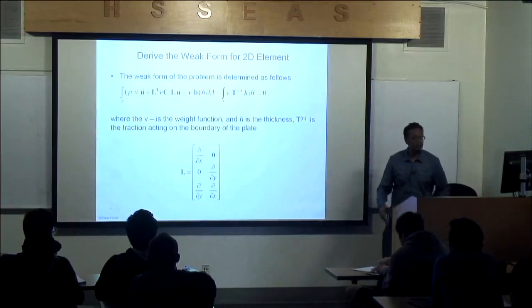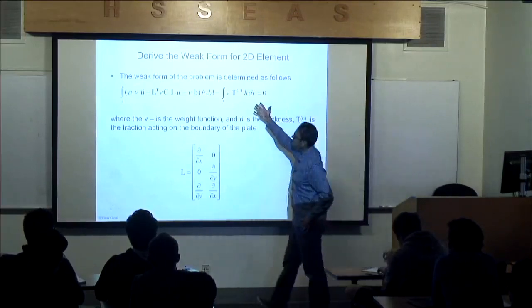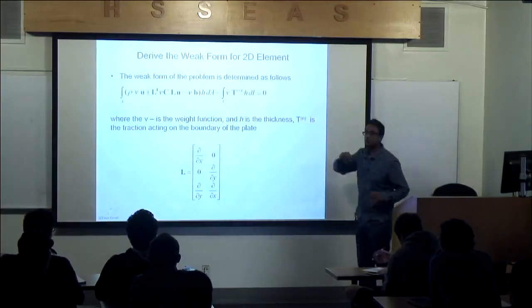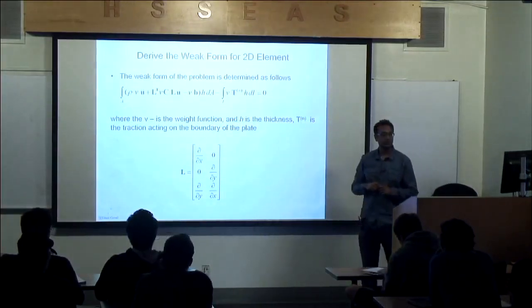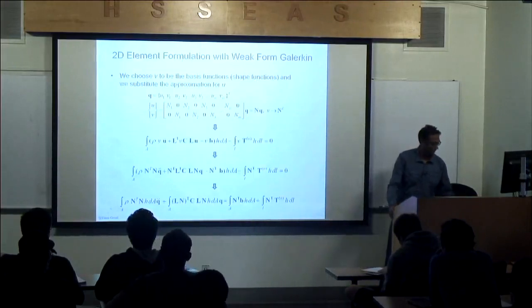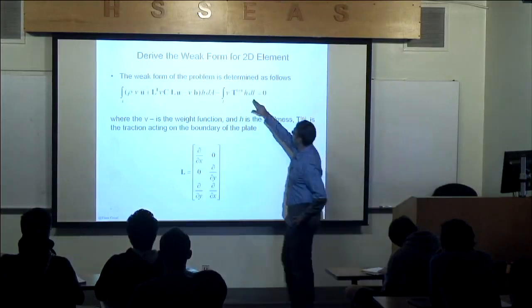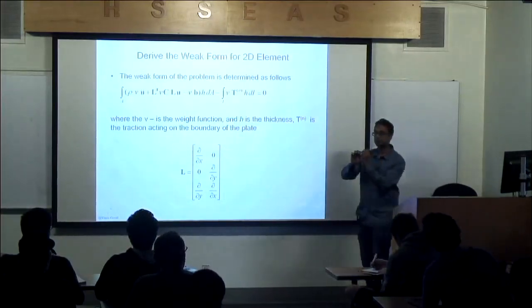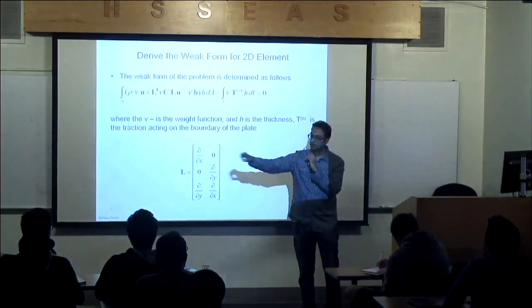So now this is the weak form of the problem. L is given by that, but that is the weak form of the problem. And I'm ready to now apply weak form Galerkin as the approximation method. Oh, and H is the thickness of the plate. Okay? Or if it's plane strain, the thickness in the Z direction.